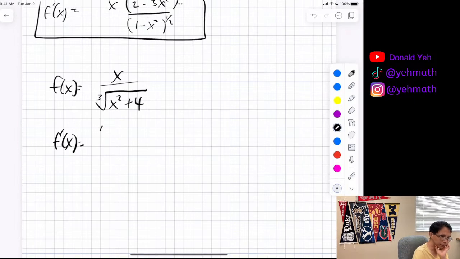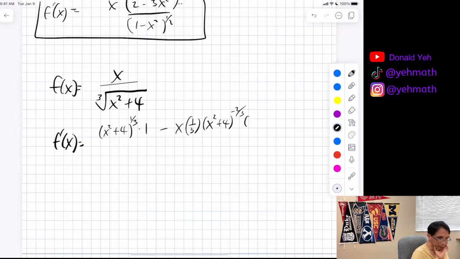Low D high minus high D low over low, so it'll be x squared plus 3 to the 2/3 instead of 1/3.